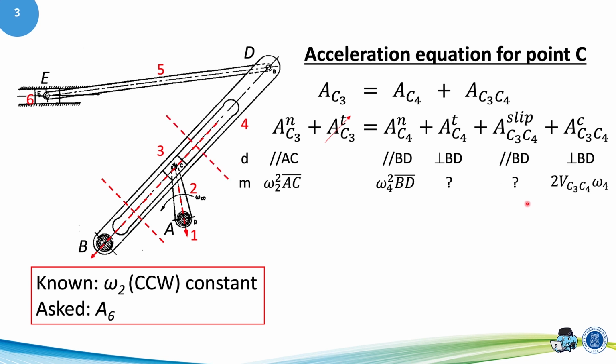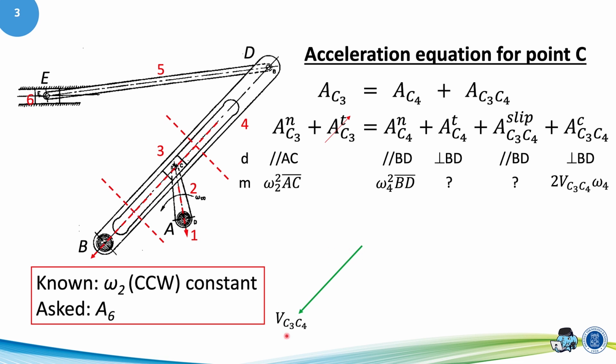And the Coriolis, we know the direction is perpendicular to BD, and the magnitude is 2 VC3C4 times omega 4. But we do not know whether the direction is going up or going down, so we have to determine it first. To determine it, we draw the vector of VC3C4.